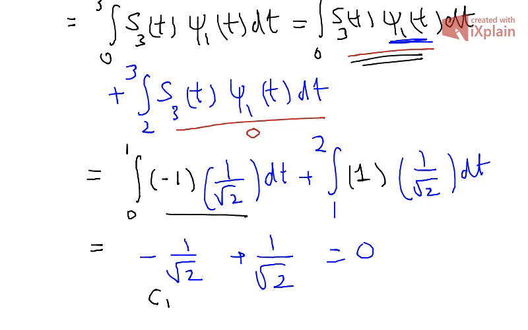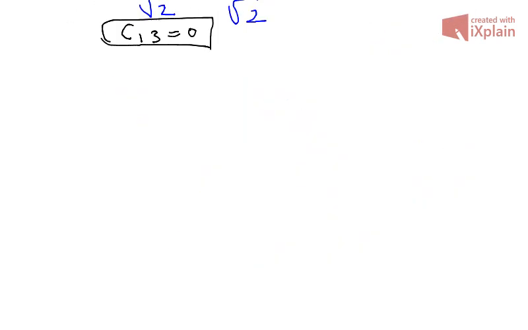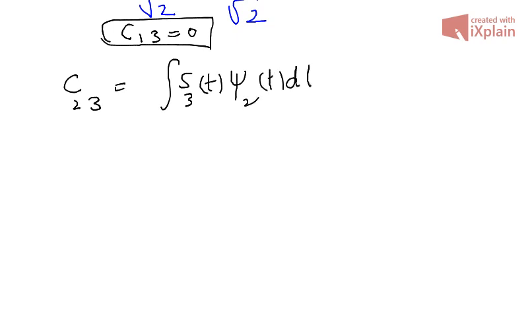So C13 is actually 0. This is what we get. Now we have to find another image, C23, the image of S3 of t over psi 2 of t. We have to find this image, right?